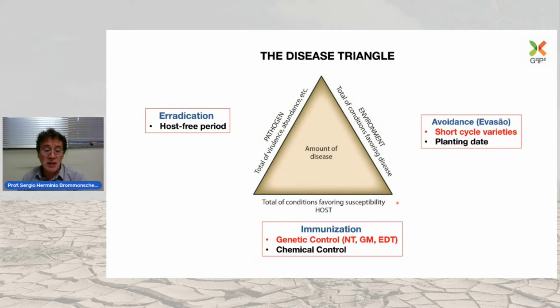So all the management is directed to any one of these 3 components: directed to the pathogen, directed to the environment, or directed to the host. We have here in Brazil a very important management strategy. It's a legislative strategy.